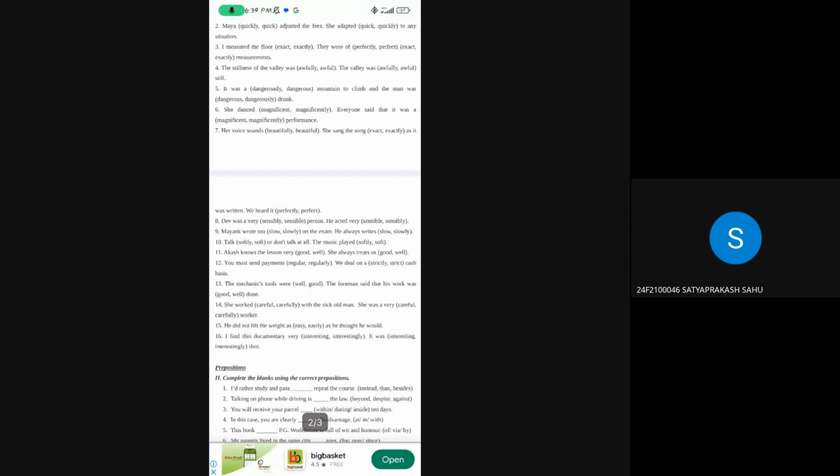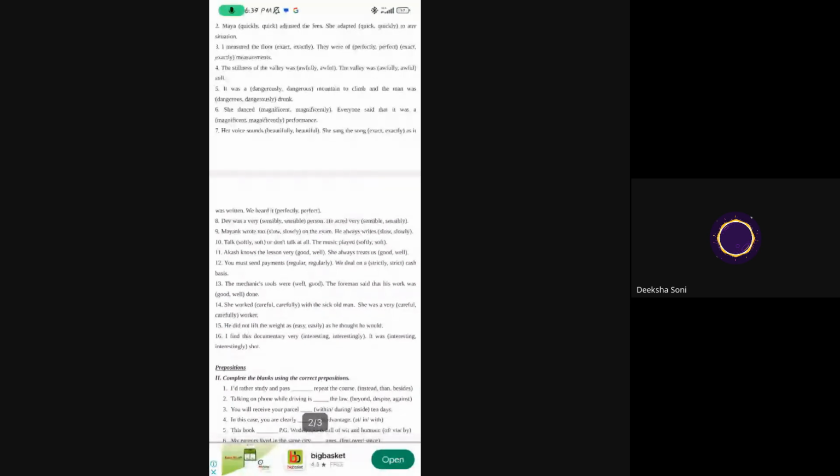13. The mechanics tools were well or good. Tools were good. Here you can use good. Well sometimes is also used as an adjective, but in this case you will use good, okay?